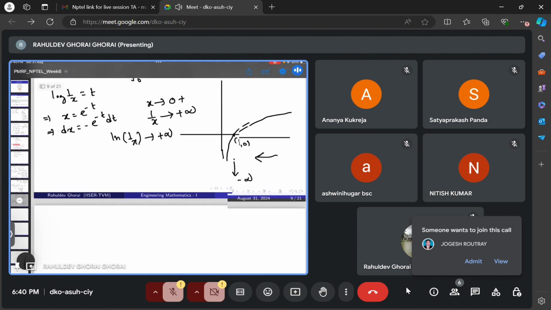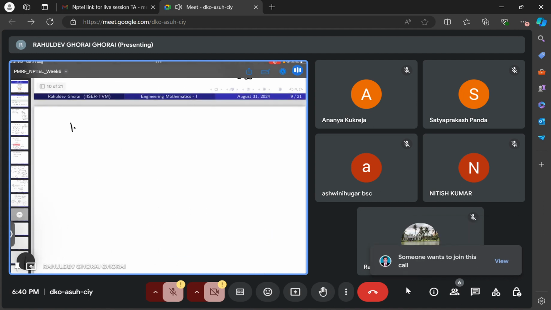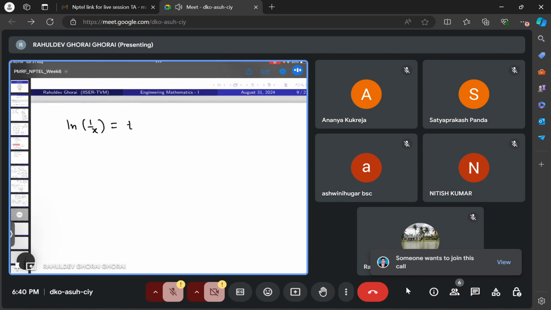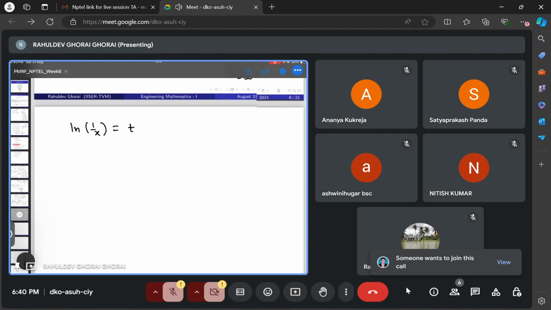So let's write it. It was ln 1 by x, I assumed the ln or log function, so that 1 by x equals t, I assume. When x equal to 1, that is not a problem. Then t is equal to ln of 1 over 1, which is ln of 1, that is 0, right?